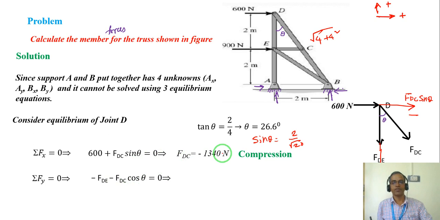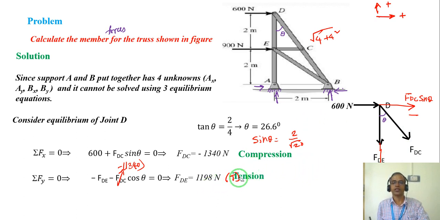Now I already know FDC is minus 1340, so I will directly substitute minus 1340, without changing the sign. Minus into minus is plus, so FDE becomes 1340 into cos theta, that is 1198 Newton. Since I got positive, that means it is tension, so my assumed direction was right.